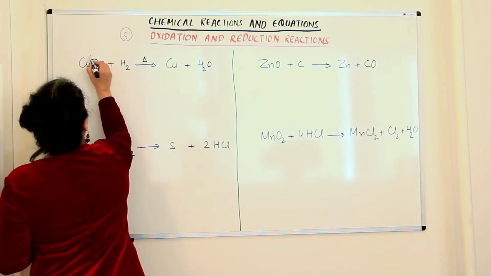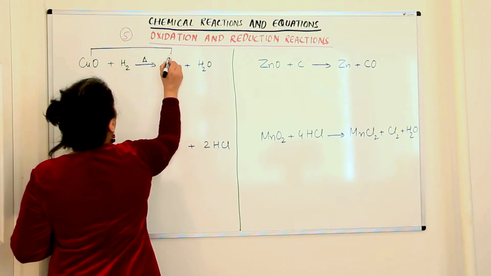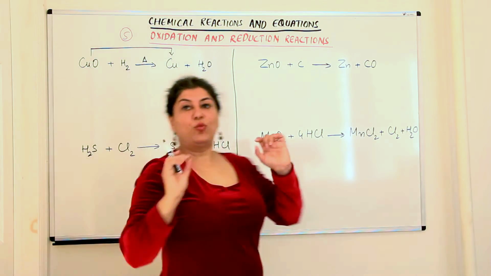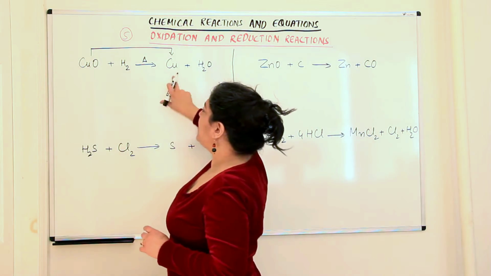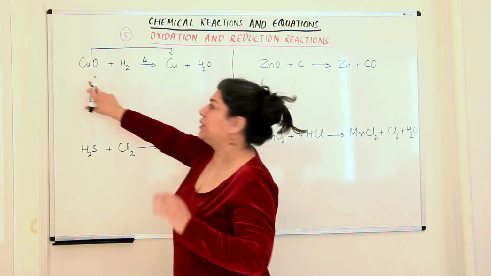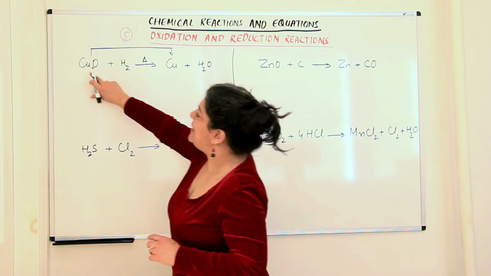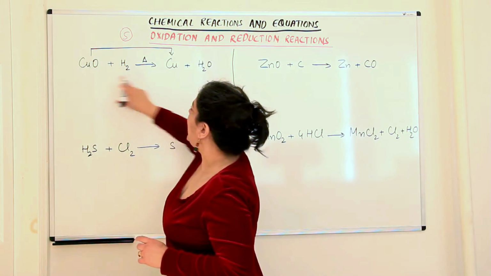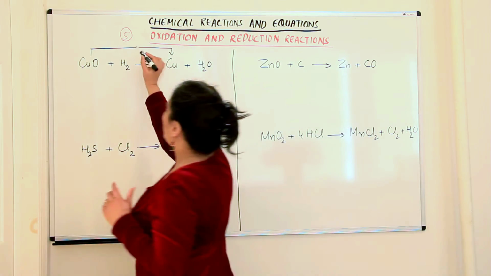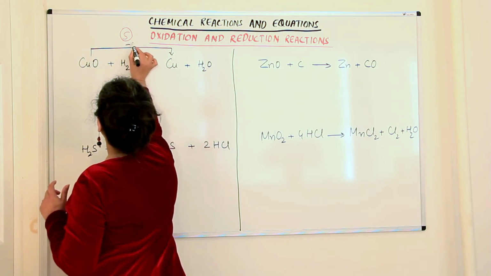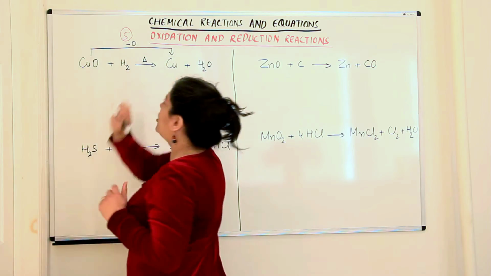So copper oxide is turning into copper. So what did I do? I traced copper. And when I trace copper oxide to copper, what do I see? Copper oxide became copper. It lost the oxygen. So I would put here a minus O. It lost oxygen.